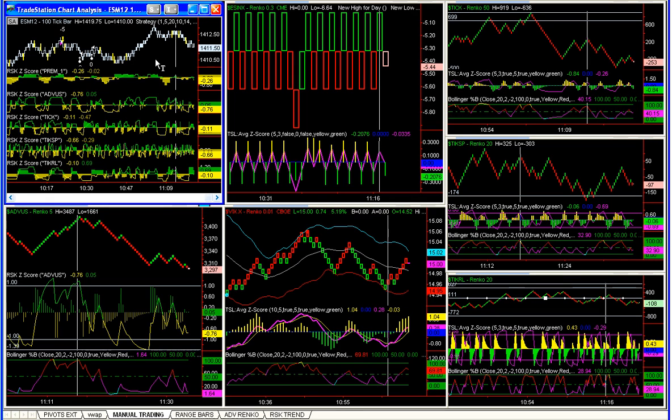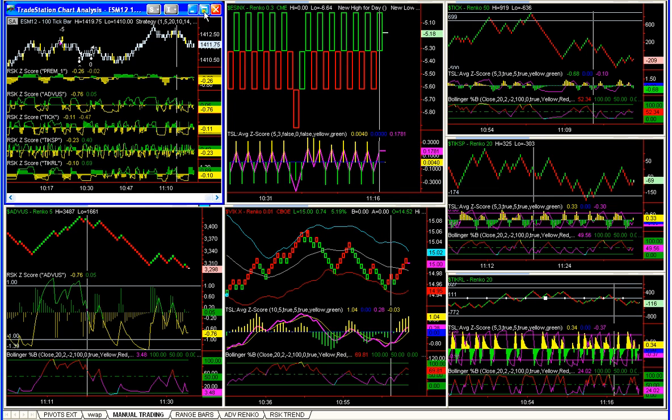So the principle, nevertheless, is the same. You want to make sure that that Z-score is below the zero line, and the slope is negative for short, positive for long. And there you have it. That's really all we're doing on this workspace. Now, is that a lot of data to look at? Yes and no. It's really not that tough, especially if all you use is chart number 1.